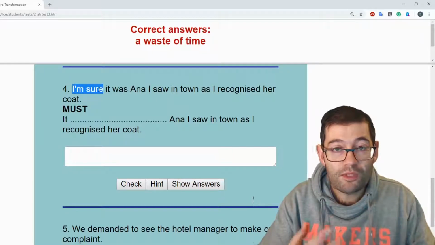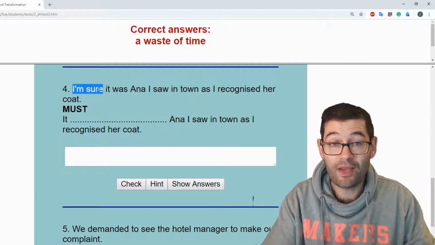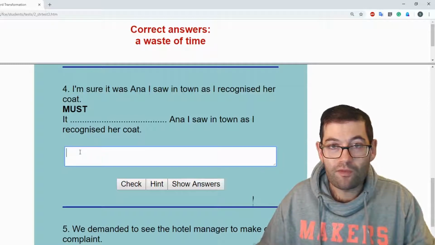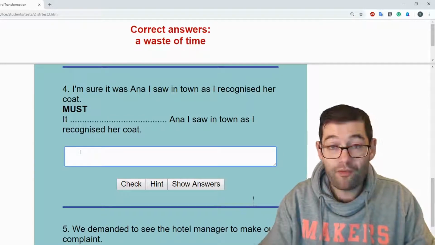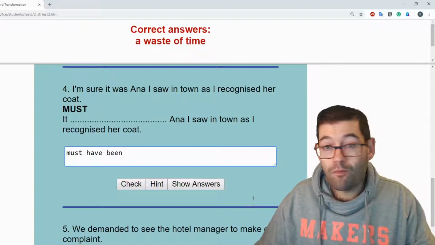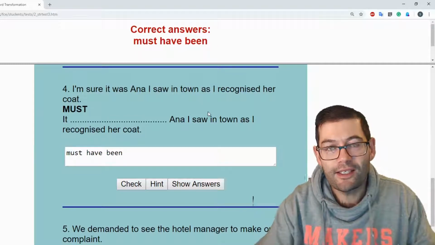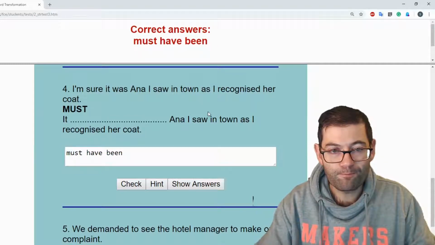So which structure can we use using "must", which means the same as "I'm sure"? And what we've got here is a perfect modal structure. "Must have been". It must have been Anna I saw in town as I recognized her coat. And indeed, that's our correct answer.